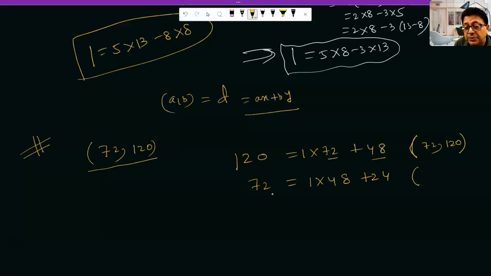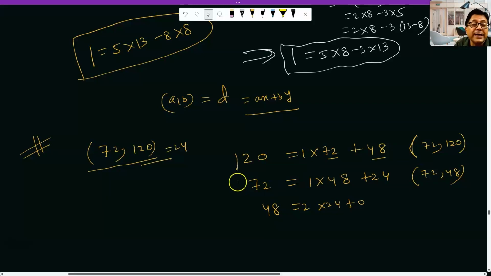Now it is reduced to GCD of 72 and 48. Now 48 is 2 into 24 plus 0. It is terminated here. You got GCD of these two quantities as 24. Okay. The answer is 24 here.